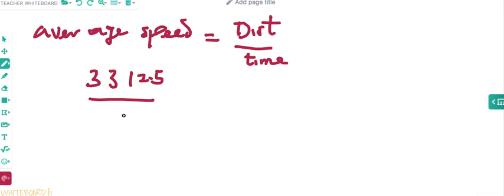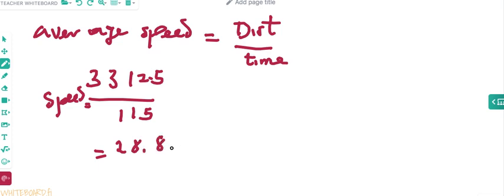What's the total time taken? The total time is 115. When you divide, your answer should give you 28.8 meters per second. So they say we should calculate the retardation.